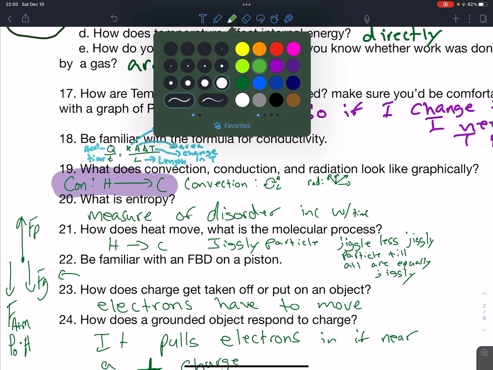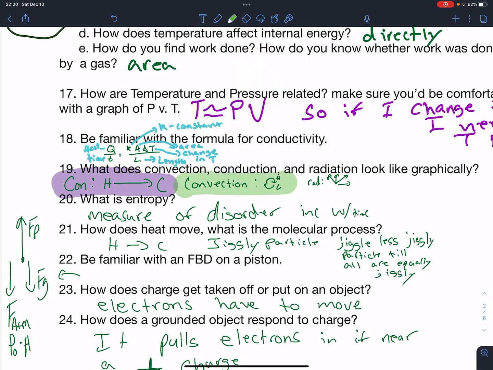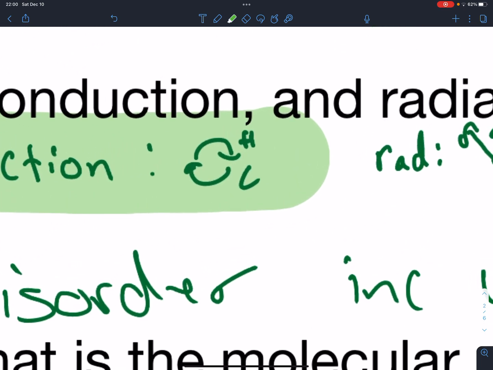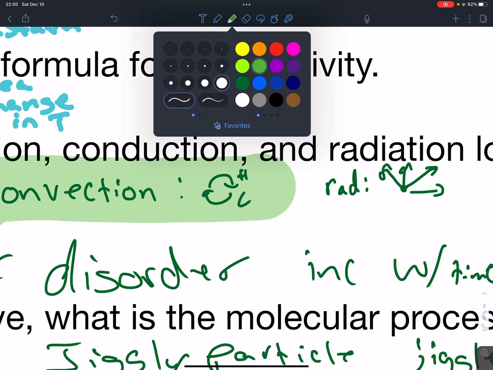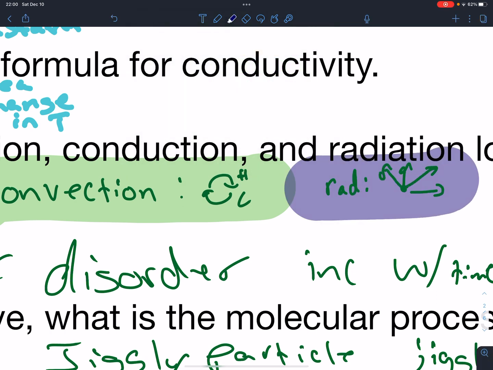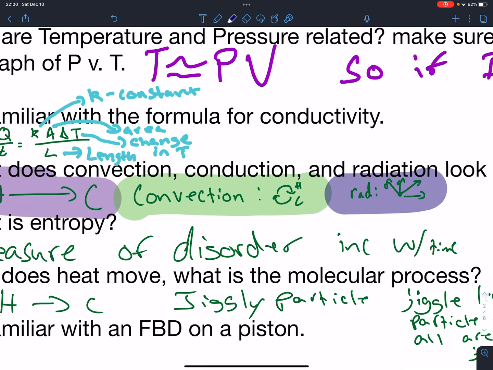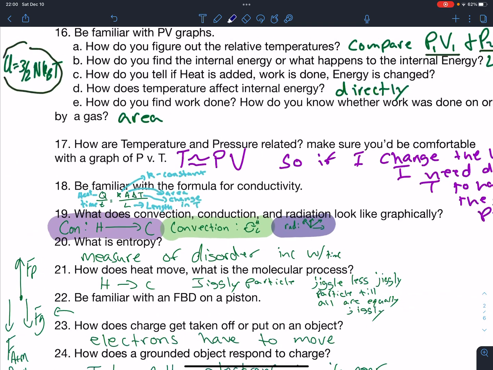For convection, that one is the cycles where you have hot up and cold down: cold air sinks and hot air rises. And then lastly, we have radiation. Radiation just means the heat is radiating out in all directions. So if you see heat flowing outwards, evenly spaced in all directions, that's radiation.